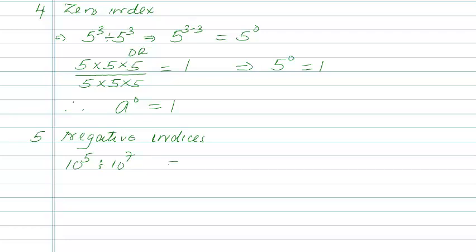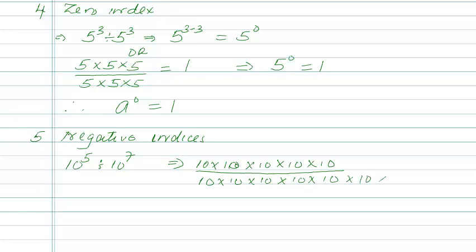We need to consider this one at length, and the expression in an expanded form means it is 10 times another 10 times another 10 times another 10 times another 10, everything divided by 10 times another 10 times 10 times 10 times 10 times 10 times 10. The 5 tens will cancel, and the end result will be 1 out of 10 squared.